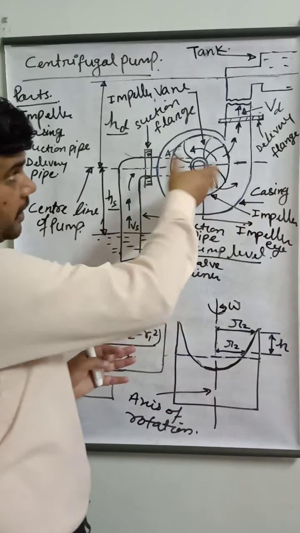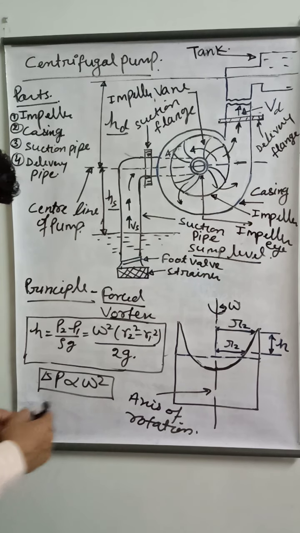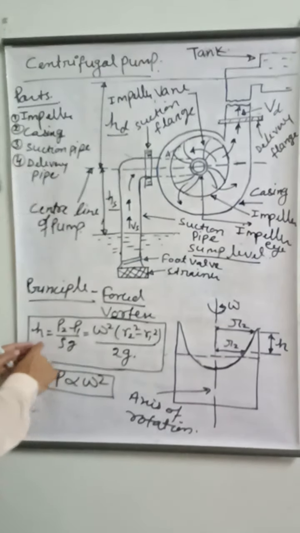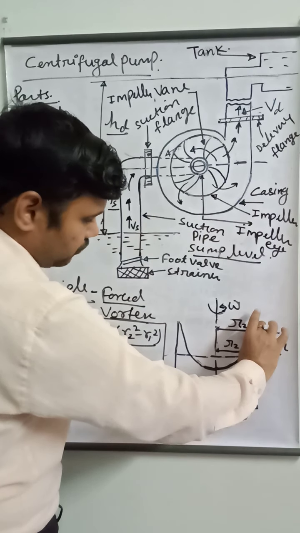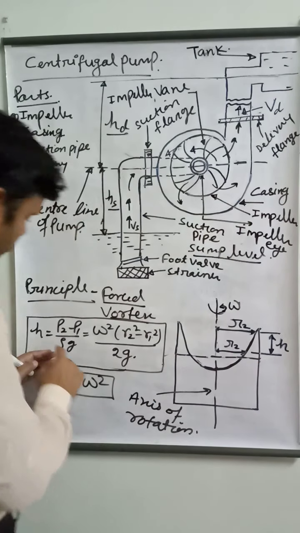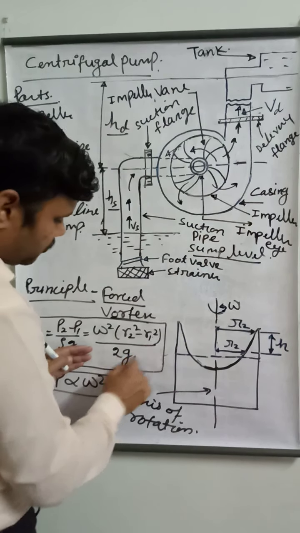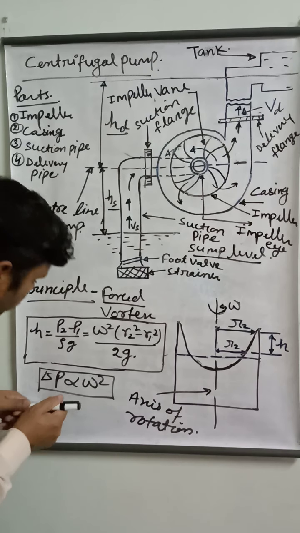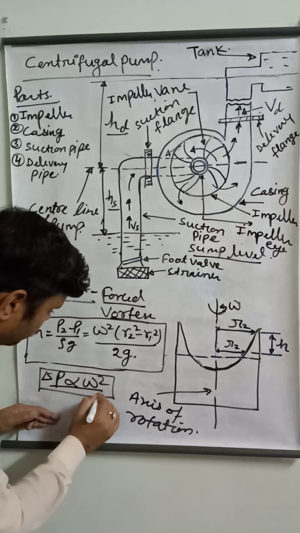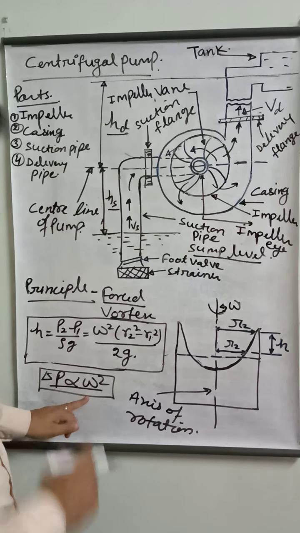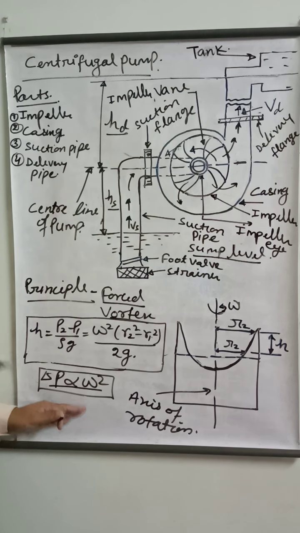This occurs due to centrifugal force applied by the impeller. The pressure difference, P2 minus P1 upon rho g, is equal to omega square (R2 square minus R1 square) upon 2g, where the pressure at this point is P2 and at this point is P1. Or you can say the pressure rise is directly proportional to the square of speed. This is the forced vortex principle.